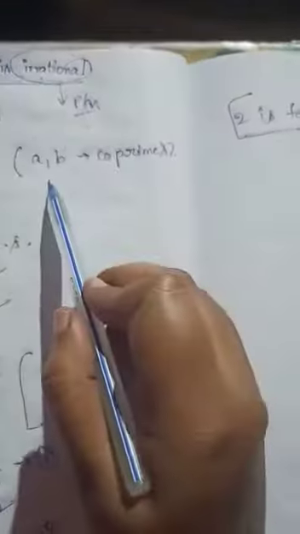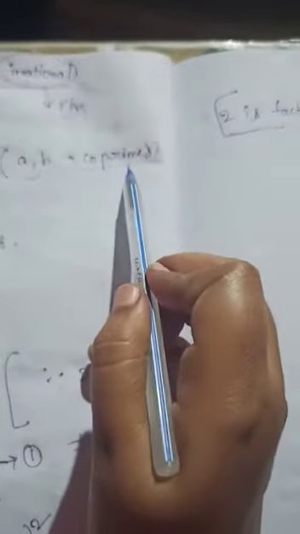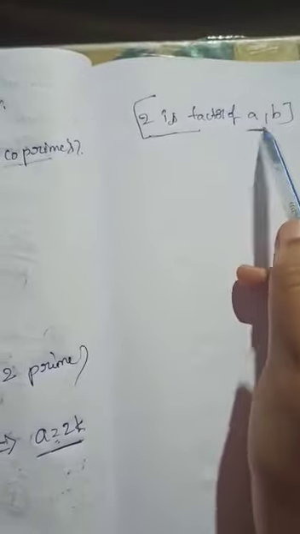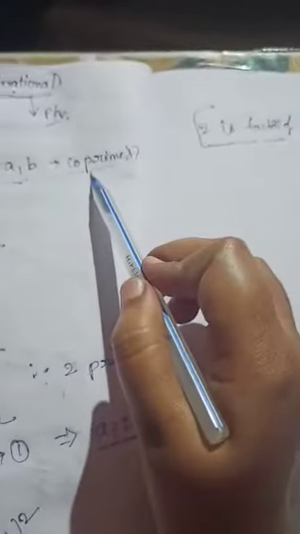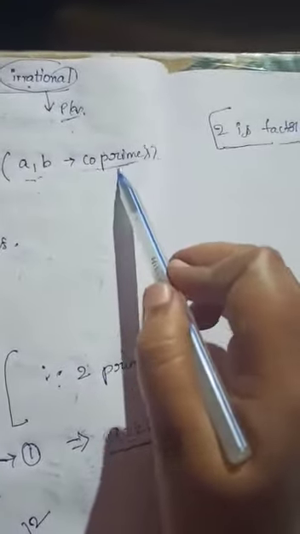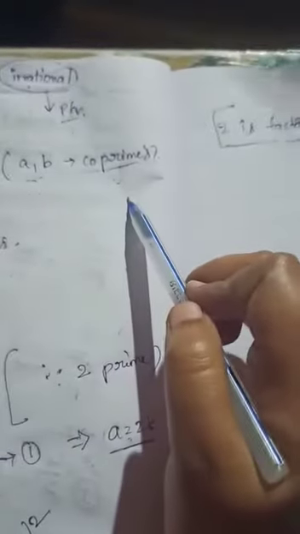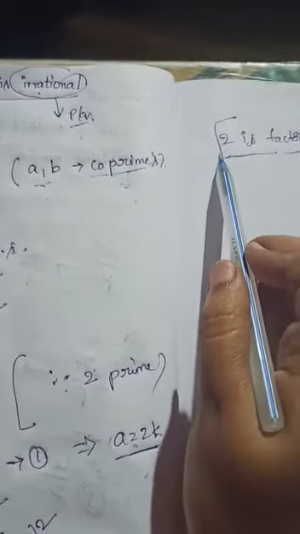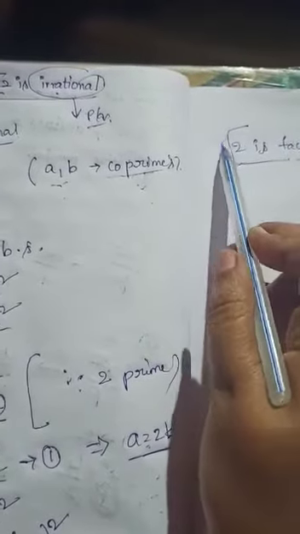But here a and b are co-primes. Here we get a and b have some common factors. A prime number has only 2 factors, 1 and itself. But here a and b have one factor, and another factor 2 also.